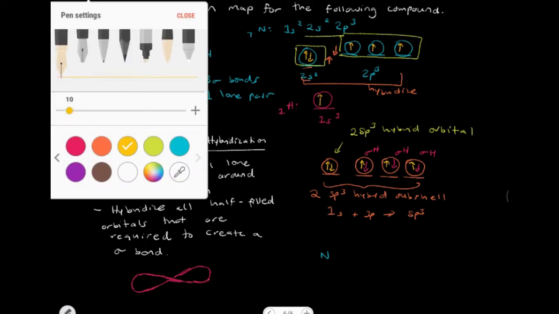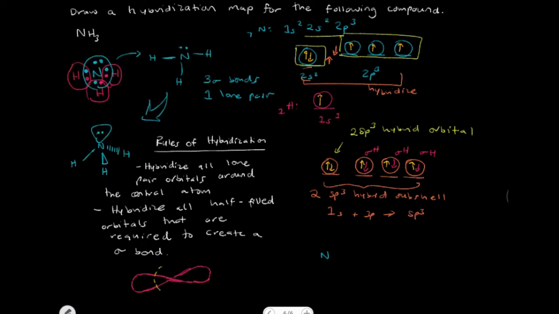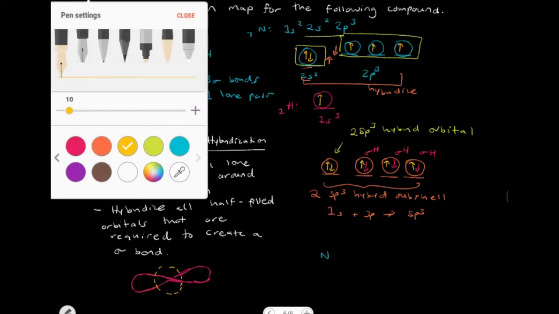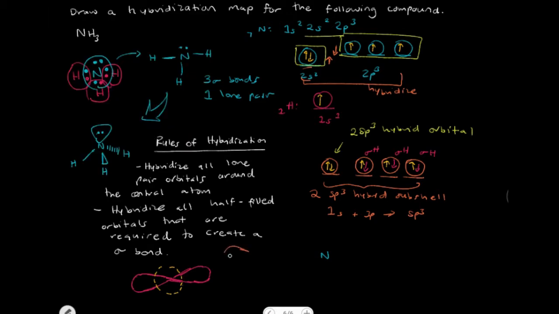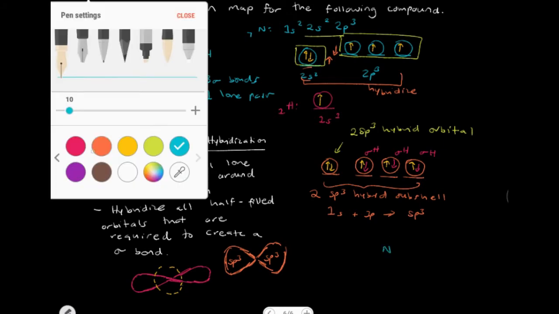So when you fuse those two together, you should get, well, it kind of looks like this, right? But you can just label it if you don't want to draw it. It just kind of gets wider. You can write sp3 here. So in this case, nitrogen is going to have an sp3 orbital here.